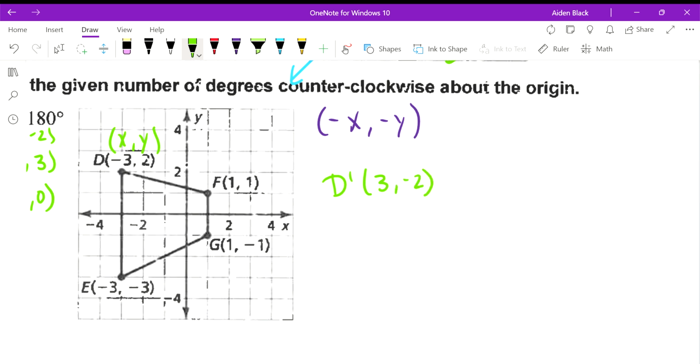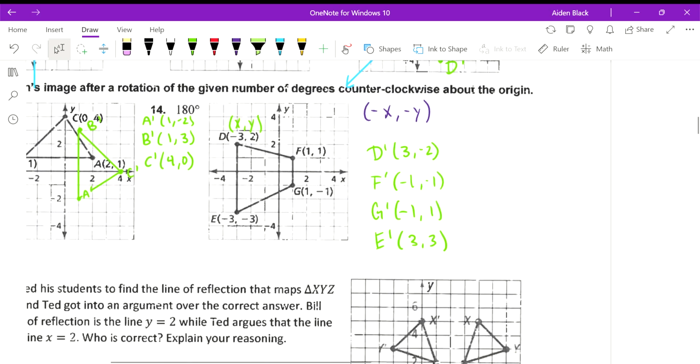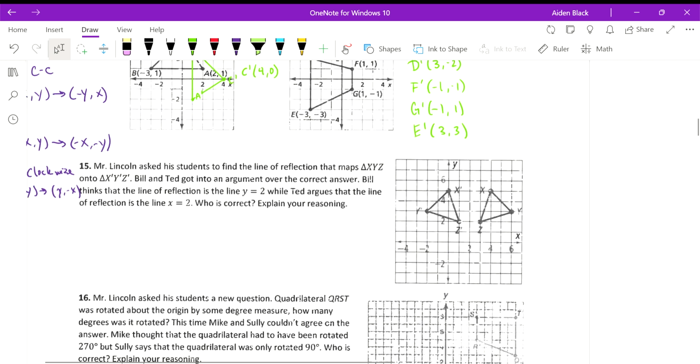We're just changing the signs. F prime would be at negative 1, negative 1. G prime would be located at negative 1, 1, and E prime will be located at 3, 3. Okay, plot those, check it out, make sure it looks like a 180-degree counterclockwise rotation.